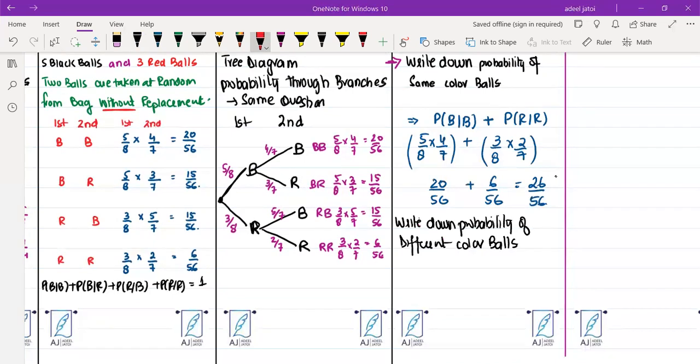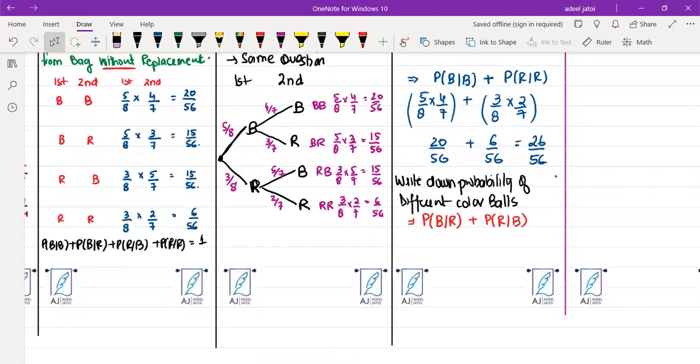It means the first ball can be black, then the second ball should be red. If the first ball is red, then the second ball should be black. Obviously, there is no restriction. It's an open-ended question, so different color means if the first is black, the second has to be red, or the first can be red and the second black.